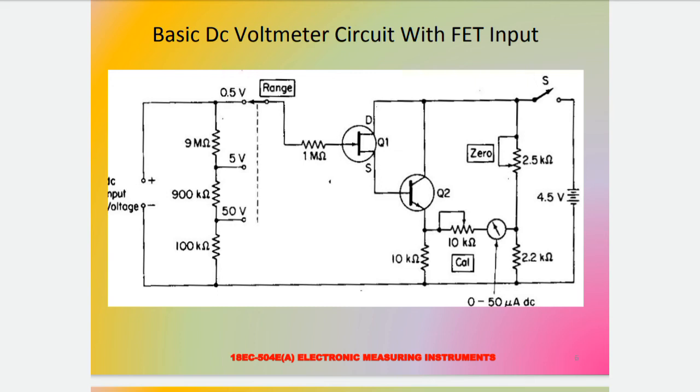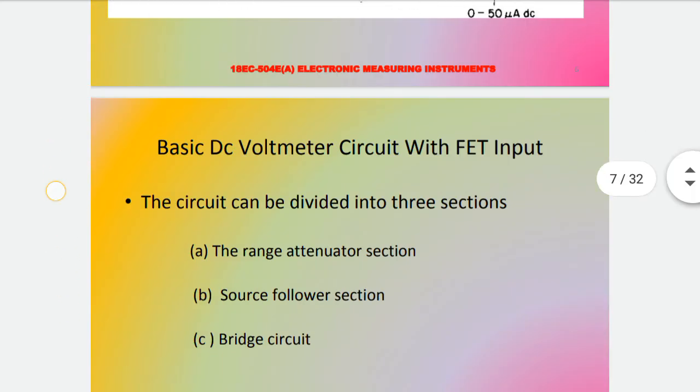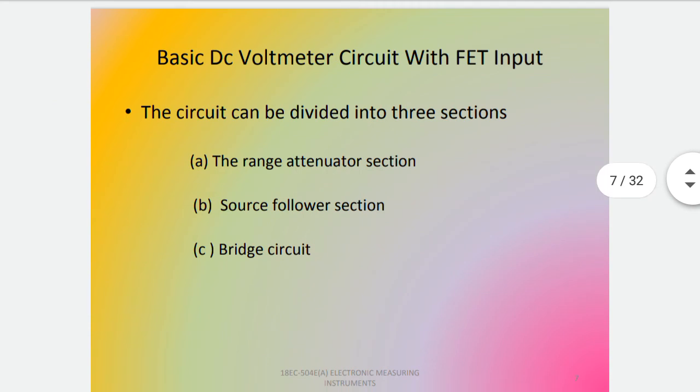All these are involved in the basic circuit of the FET input voltmeter. Now the circuit is divided into three sections, that is the ranging and attenuator section, the FET source follower section, and the bridge circuit.